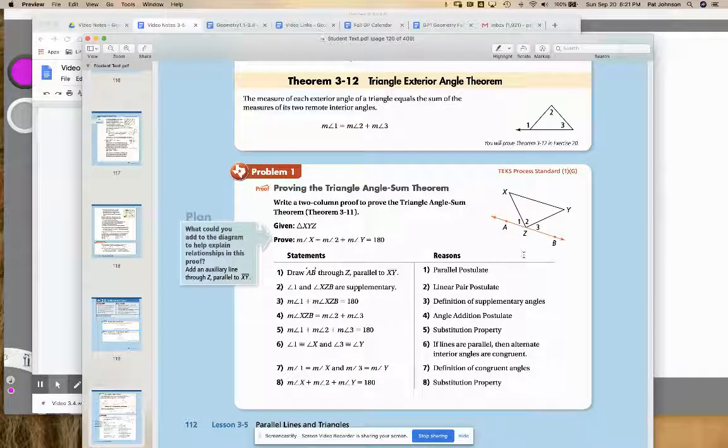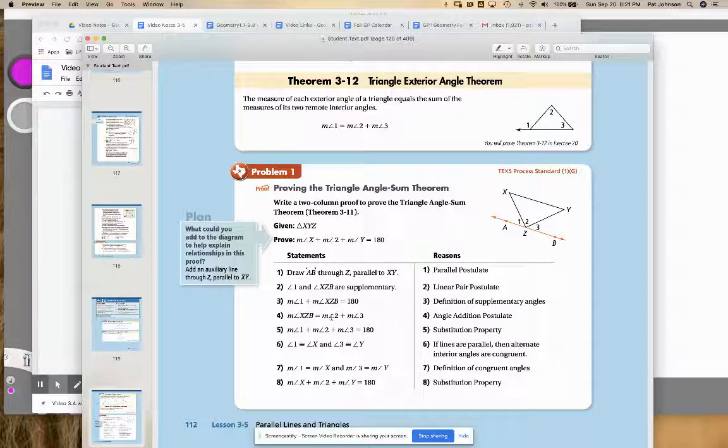Then we can say the measure of angle XZB is equal to the measure of angle 2 plus the measure of angle 3. And this is the angle addition postulate that we learned in chapter 1. Then we can say that the measure of angle 1 plus the measure of angle 2 plus the measure of angle 3 equals 180 because of the substitution property.